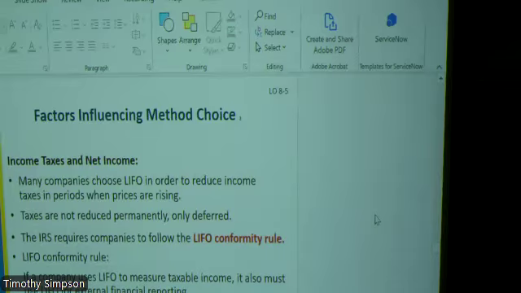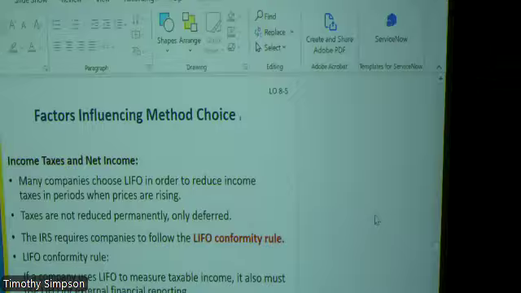So taxes are a big issue. We talked about the LIFO conformity rule and the fact that companies choose LIFO in order to reduce taxes. And why would they do that? It's mostly in periods of rising prices or rising input costs, primarily inventory costs. Because you're saying we're selling the most expensive goods first, right?